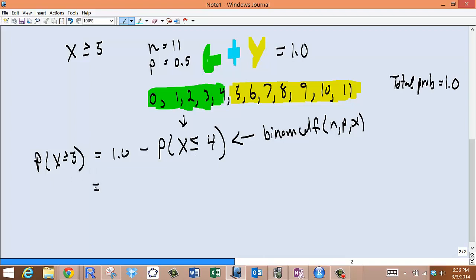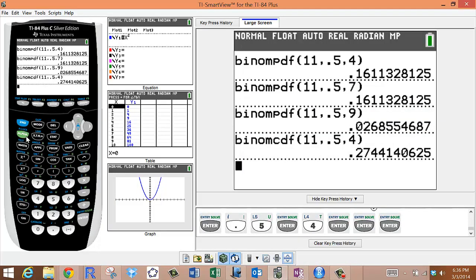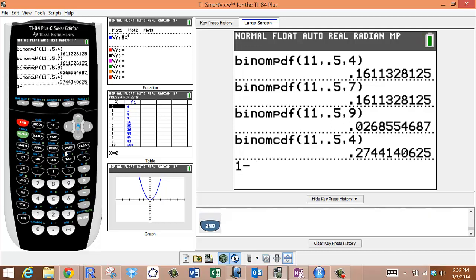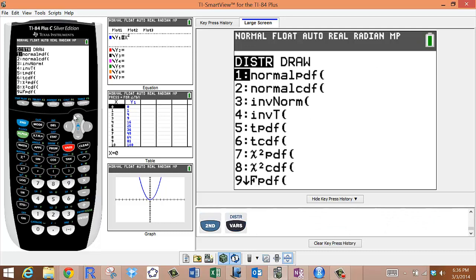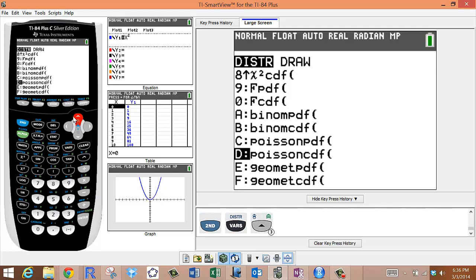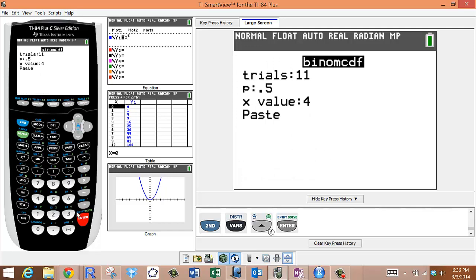So now all we have to do is plug in n, p, and x into our CDF. So we can say 1 minus the binomial distribution CDF. And we've got that in there.